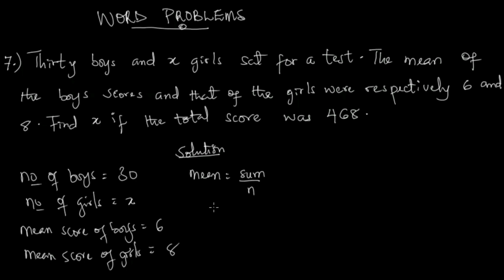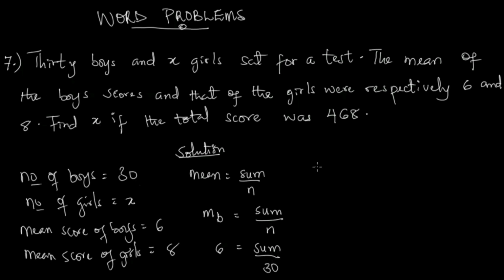So for the boys, we have the mean score and we have the total number, so we can get the sum. Let's denote the mean score for the boys as MB. So MB will be the sum of the scores over the total number of boys, which is 30, N. So MB is 6 equals the sum over 30.